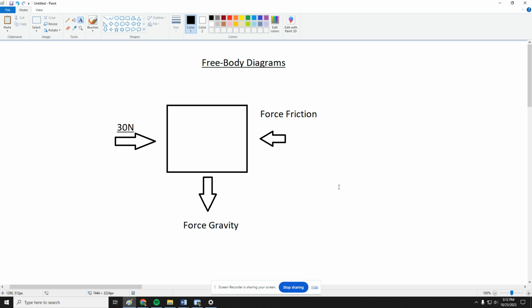Some other forces that you might want to think about when you're doing these: if an object is falling through the sky, maybe a baseball is falling down from the sky or an acorn is falling out of a tree, gravity would still be there. But this time, let's say there's no forces pushing it left or right. So let me get rid of those. If this is now an acorn falling out of a tree, gravity is pulling it down.